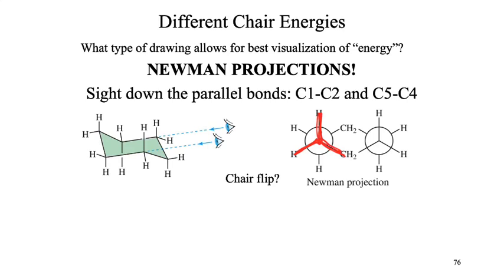How many Newman projections do you have to evaluate to see all your energetics? Not a lot. 2, because off of that carbon, how many carbon-carbon bonds could you sight down? 2. So when asked for how many gauche interactions there are, how many anti interactions, you have to recognize that you have 2 bonds that you should be thinking about when you're evaluating those interactions.